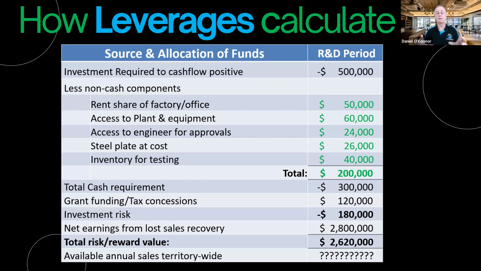These guys are selling from one territory. They've got branches and resellers in other territories. And suddenly they become nationwide. So what we offered them was an opportunity to go nationwide.